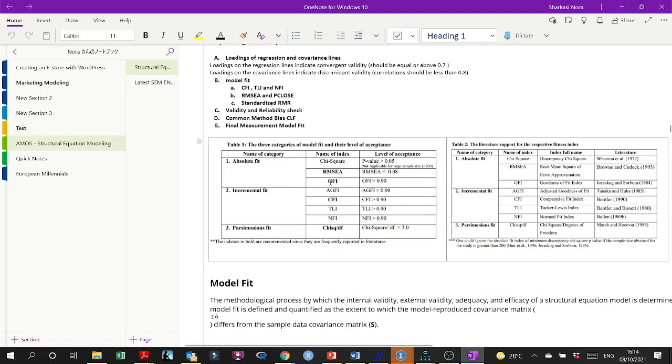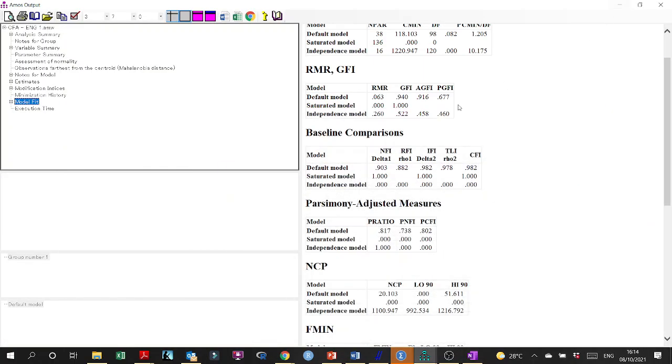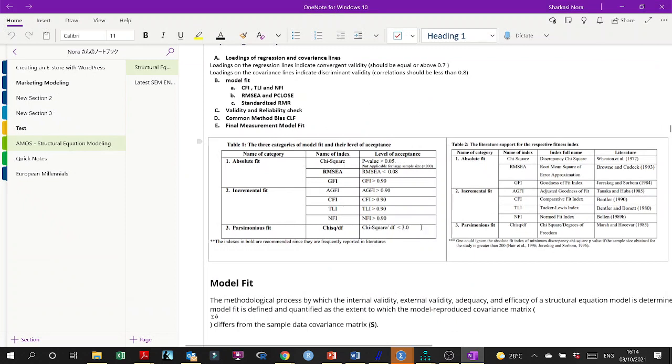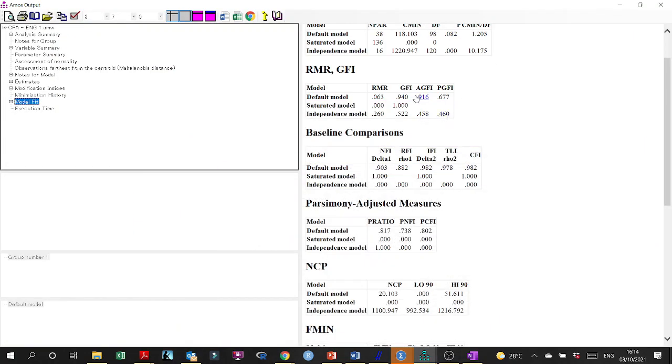After that, you need to look at your adjusted fit also. For the absolute fit, you can look at the RMSEA and the GFI. GFI should be over 0.9 and RMSEA below 0.08. In some references, I think James Gaskin talks about below 0.06 rather.